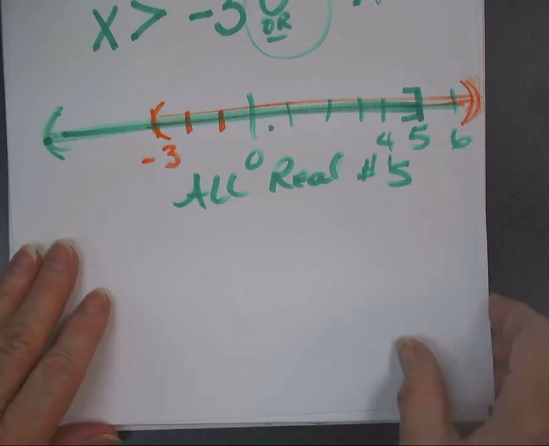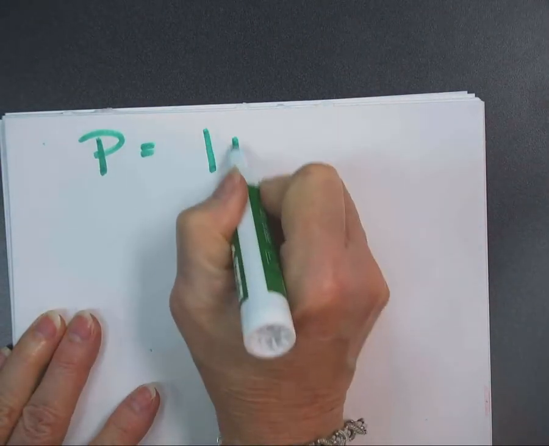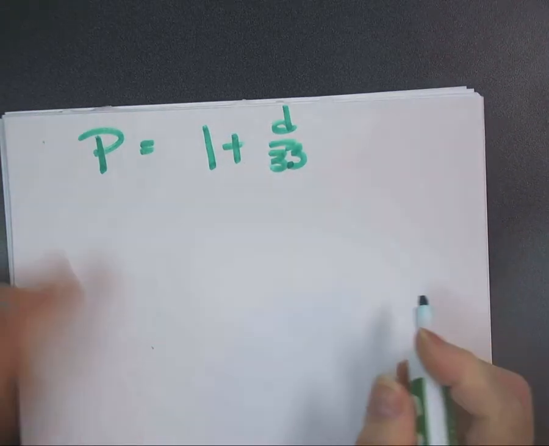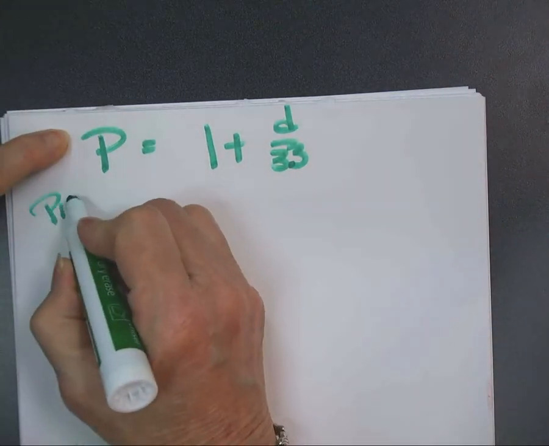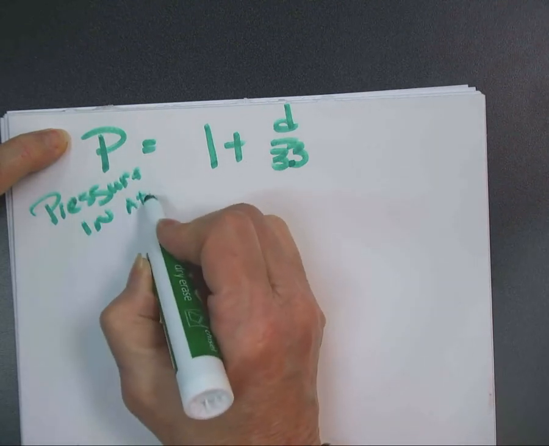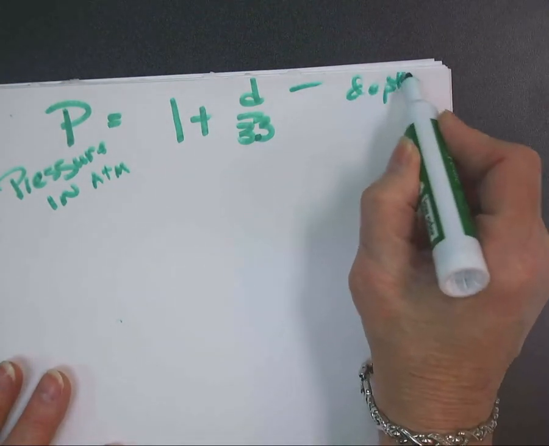Okay, so let's do an equation with pressure. Here we have P equals 1 plus D over 33. This is the pressure in ATMs. This D is the depth in feet.